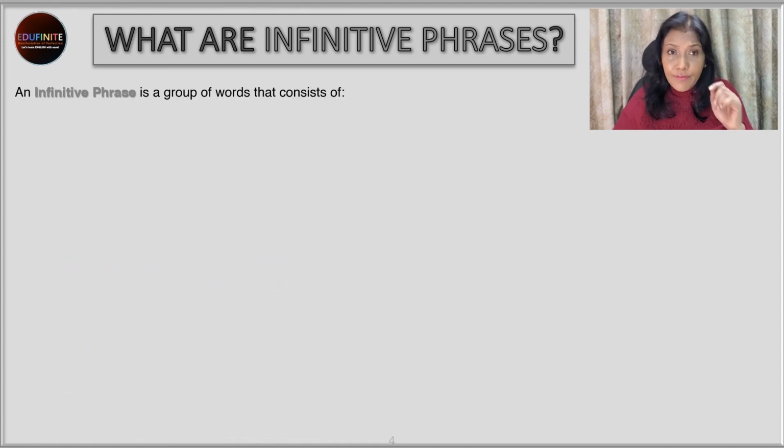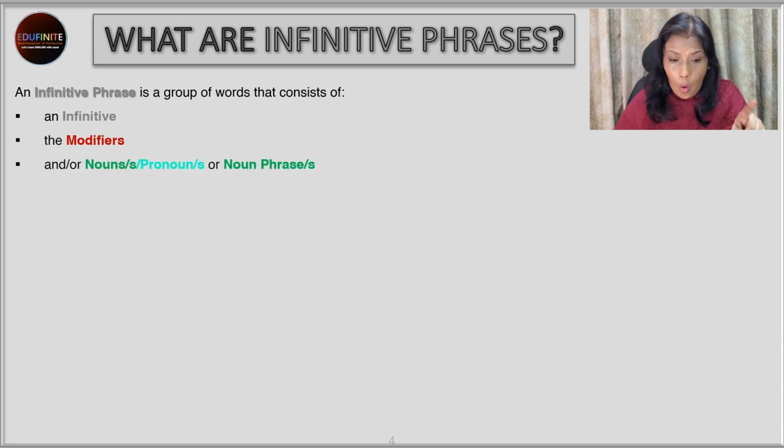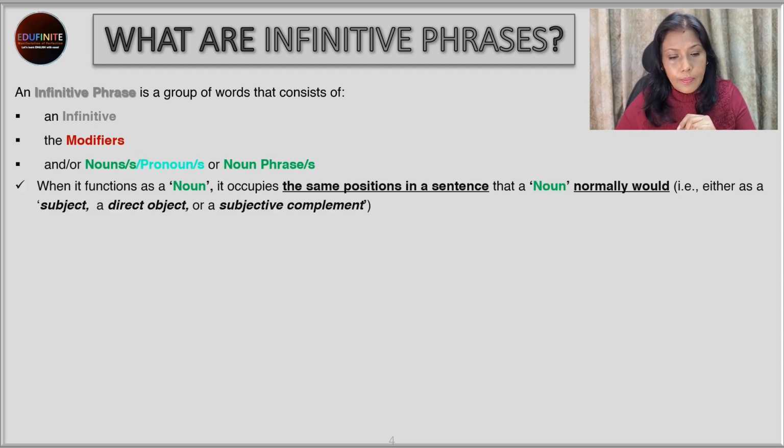An infinitive phrase is a group of words that consists of an infinitive, that's a must, and modifiers and or nouns, pronouns, or noun phrases. When it functions, it will function like a noun, adjective or adverb.